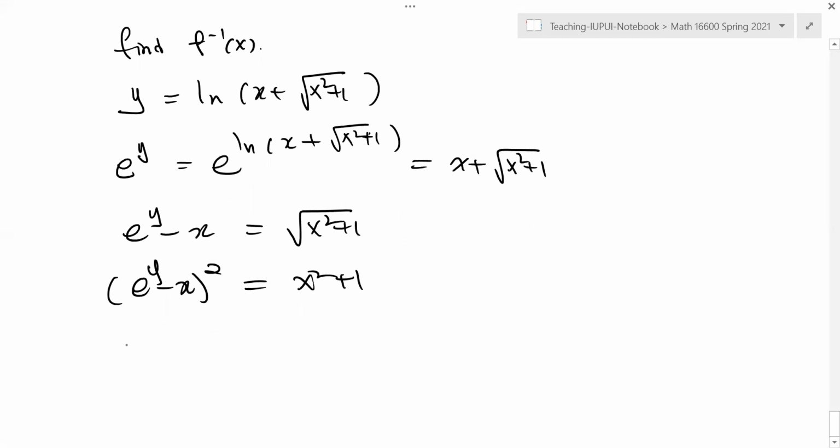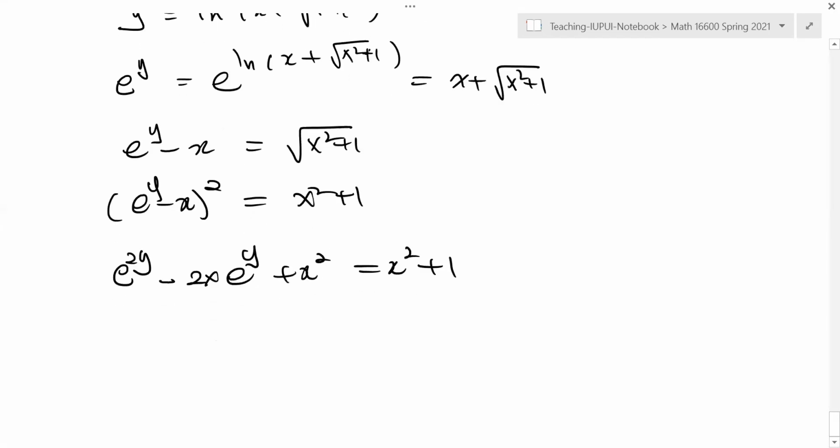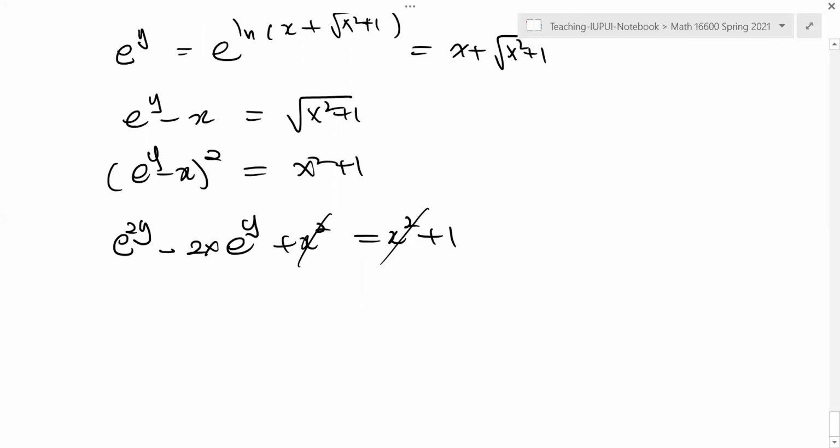Not too bad, actually. You will get e to the 2y minus 2x e to the y plus x squared equals x squared plus 1. I thought I was going to get a quadratic equation, but it turns out to be much better. It's just a linear equation in the x variable.